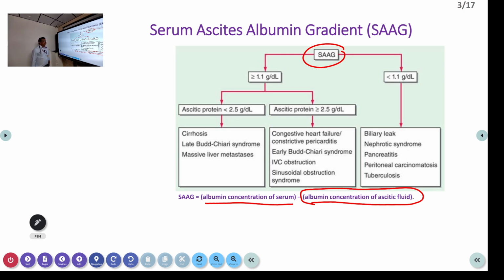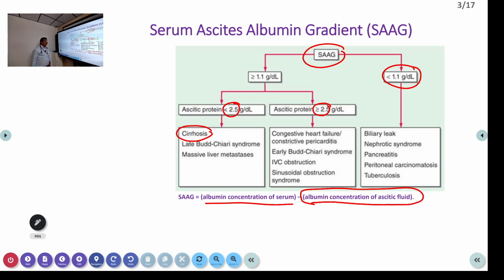Sometimes the reason can be chronic liver disease, that is cirrhosis, but there are a lot of other causes also. Depending on the serum protein and ascitic protein there are multiple reasons, and with SAG less than 1.1 there are other reasons. We are not going into all these details now, but SAG is a very important investigation which will tell you the probable reason for ascites.